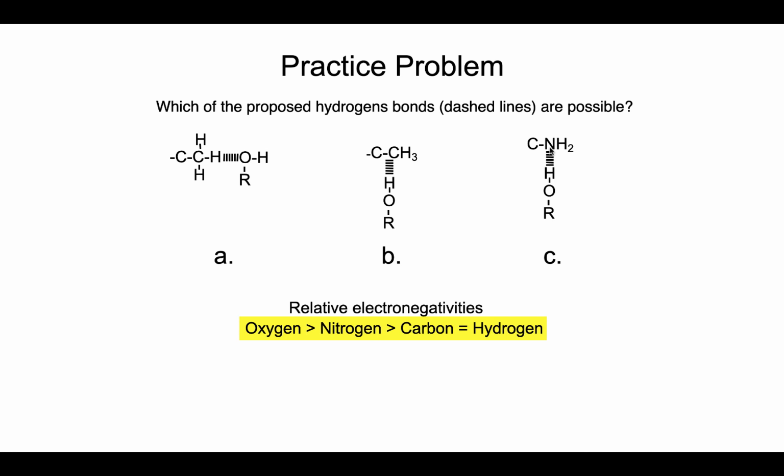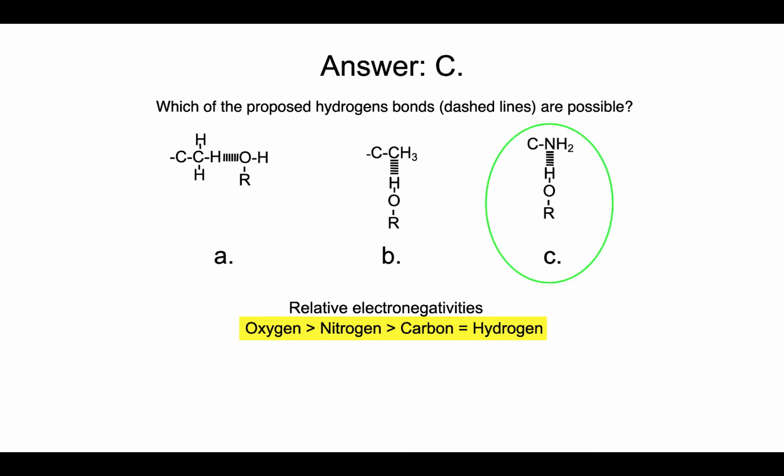Is it partially negatively charged? Well, it is covalently bound to hydrogens. We know nitrogen is more electronegative than hydrogen. That means the electrons spend more time around the nitrogen. That means it is indeed partially negatively charged. Partially negatively charged, partially positively charged, they connect to one another via a hydrogen bond. So the answer to this question is C.